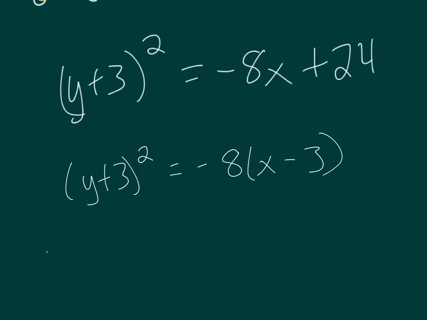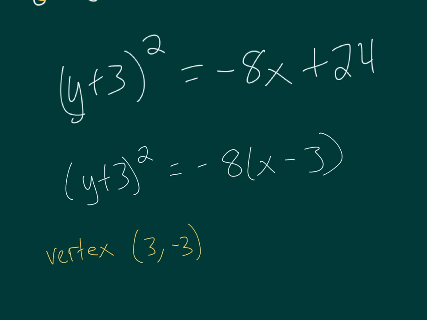My vertex is pretty easy to find. It's the opposite of h, so the opposite of negative 3 is 3, and the opposite of positive 3 for k is negative 3. That's where my vertex will be, at 3, negative 3.